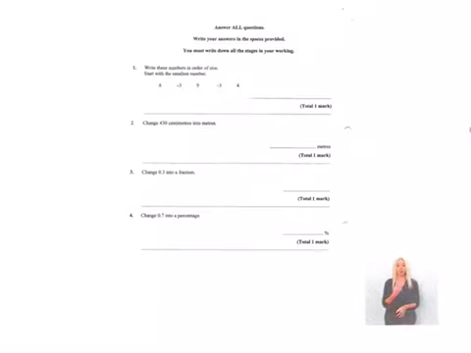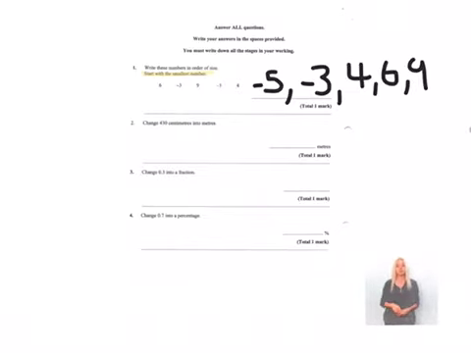Okay, so the first question is to do with putting numbers in order, and the key thing for this question is that it says start with the smallest number. So the smallest number is -5, then -3, then 4, 6, and 9.